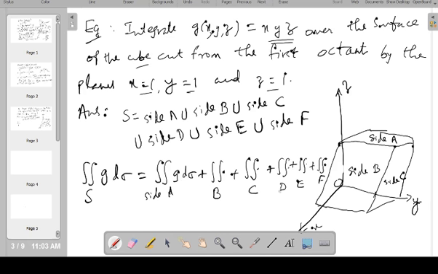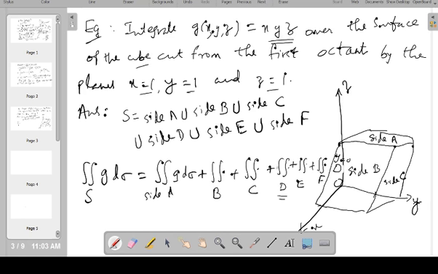Now look at side D. Here y equal to 0 on side D, so xyz equals x into 0 into z, equal to 0.